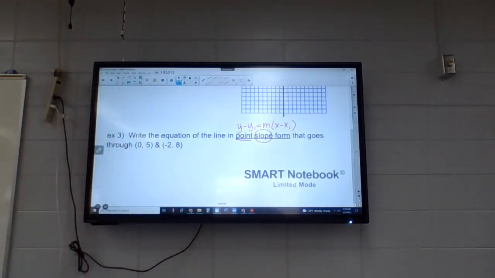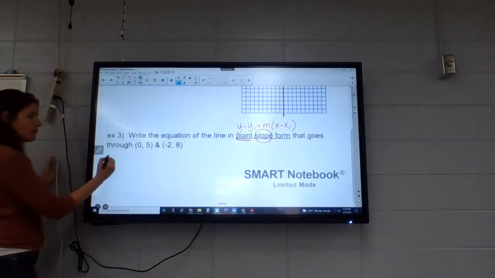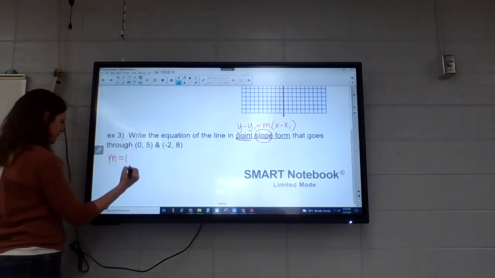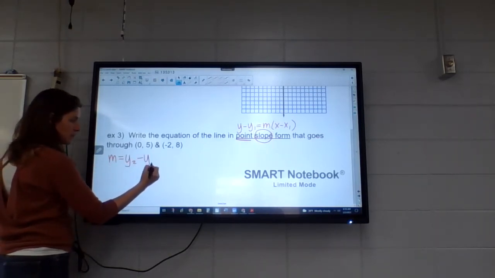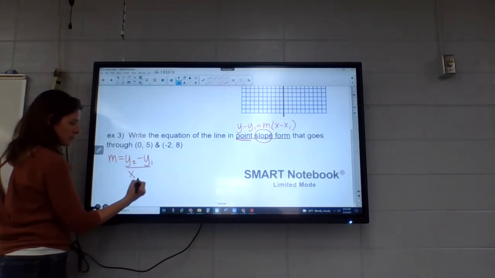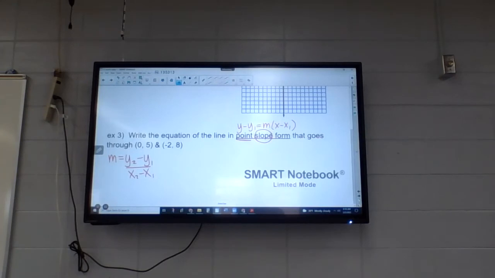Do they give me the slope? No, but can we find the slope? If we have 2 points, can we find the slope? Yep. So we're going to find slope first, the same way we always have.